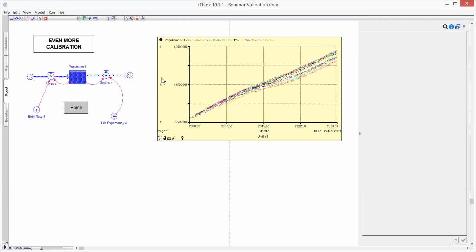Now, the reason why I use this for calibration is I can take this, put it into a spreadsheet, calculate the average, calculate the standard deviation, and then compare that to the reality and see if I've got a decent confidence interval to make sure that the results make sense. So that's the basics that I want to finish on calibration.